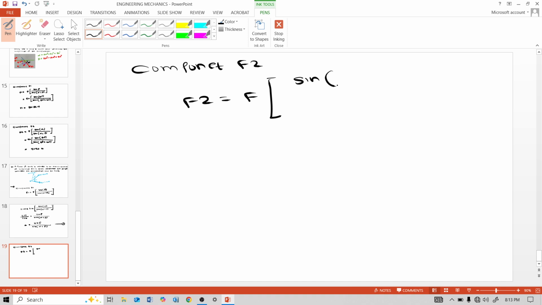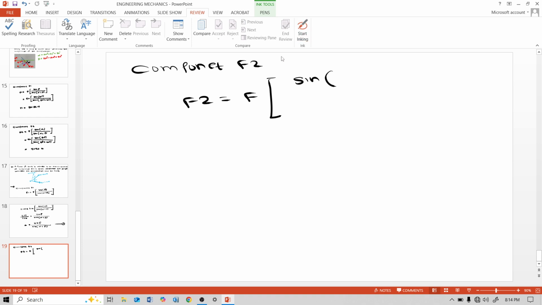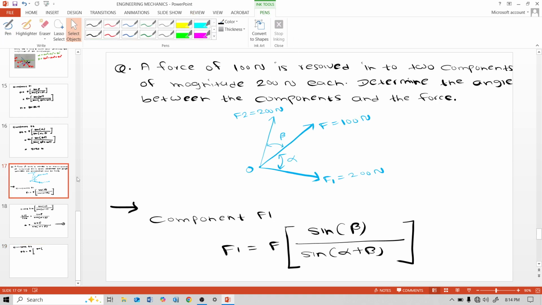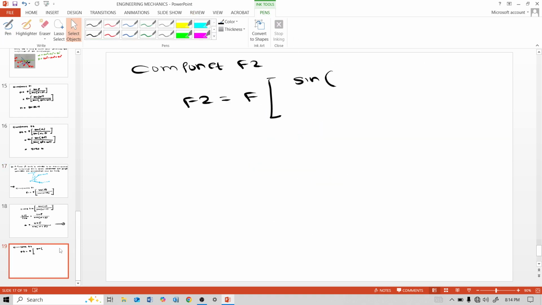The angle between F and F1 is alpha, upon sine of alpha plus beta.